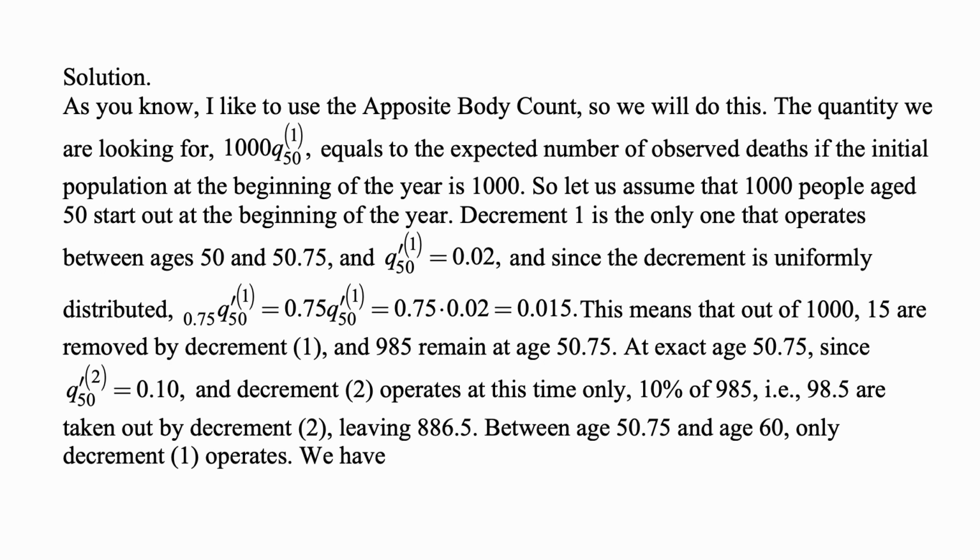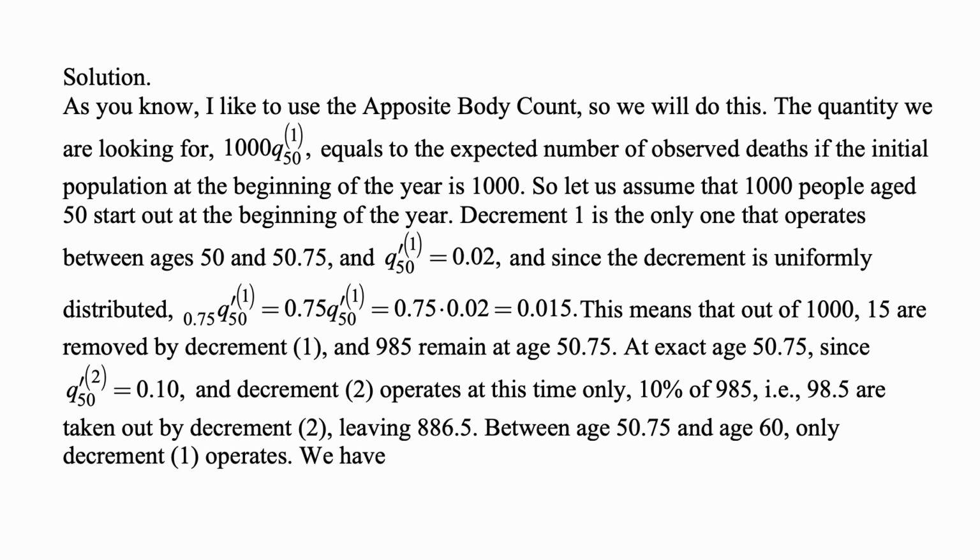So let us assume 1,000 people start out, and decrement 1 is the only one that operates between ages 50 and 50.75. And in the associated single decrement table the probability of dying within the year is 0.02, but only that decrement operates until age 50.75. And since the decrement is uniformly distributed, 0.75 q prime 50 upper 1 is 0.75 times q prime 50 upper 1.